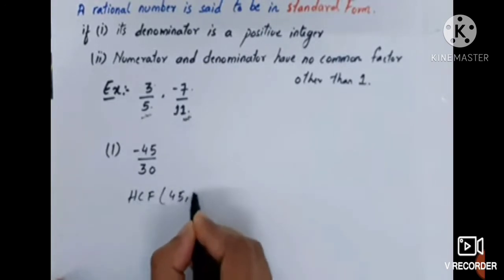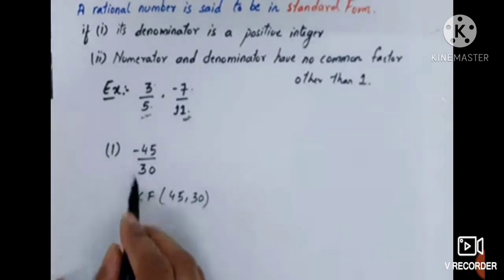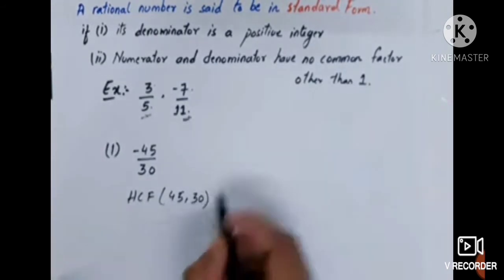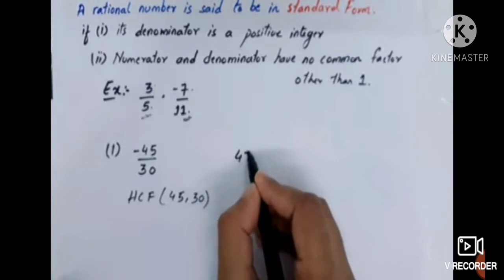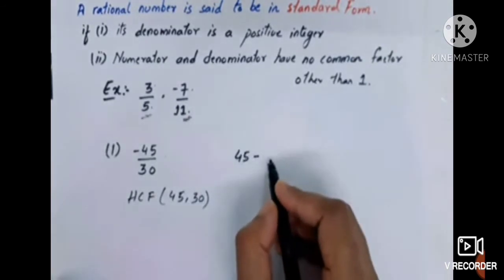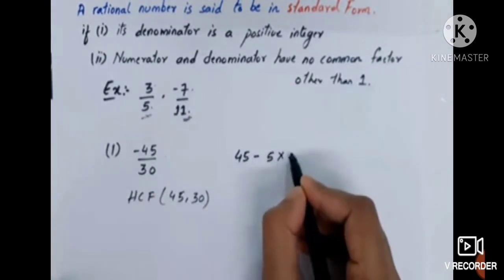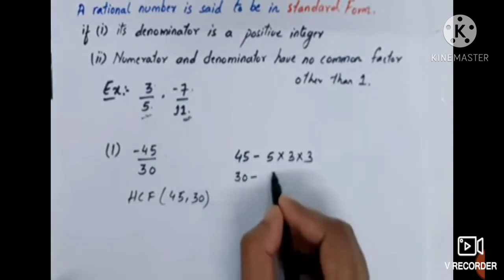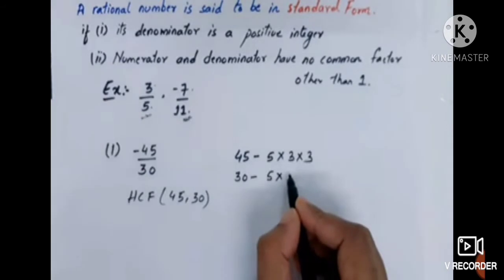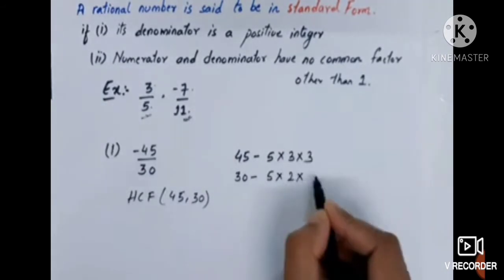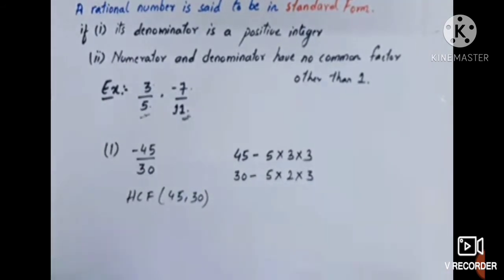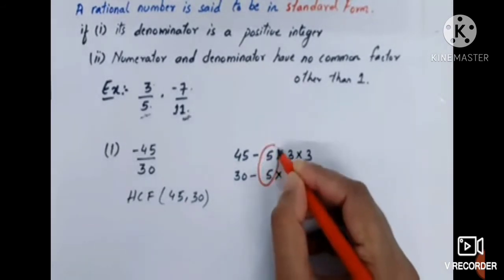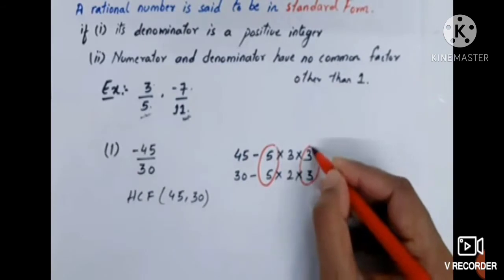You have to find the HCF of 45 and 30 by the prime factorization method or the factors method. You already know how to find the HCF. The factors of 45 are 5 into 3 into 3, and the factors of 30 are 5 into 2 into 3.